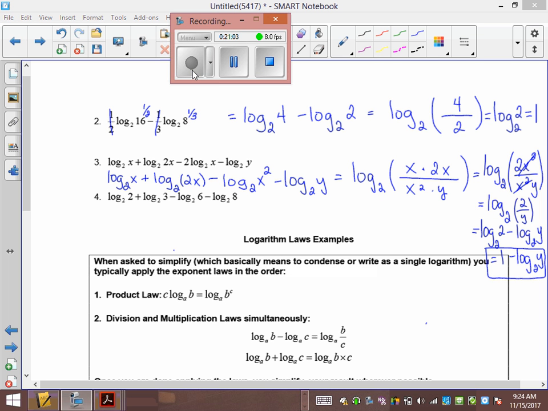Okay, and then this one, you can put them together because they all have plus or minus 1 in front. Log base 2. 2 goes in the numerator. 3 goes in the numerator. 6 goes in the denominator. 8 goes in the denominator because they have minus 1s in front, right?